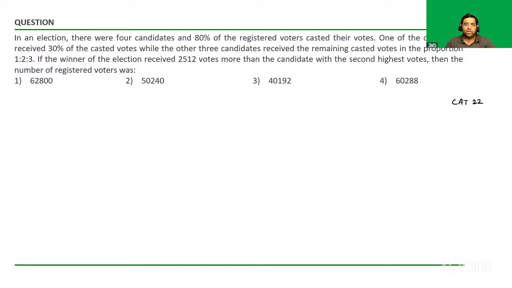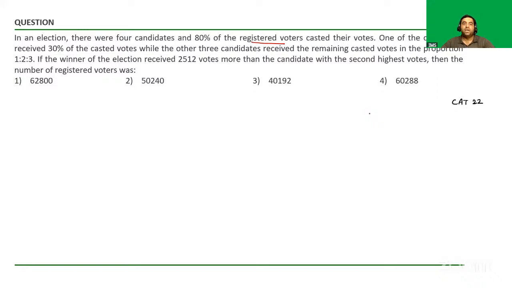in an election, there were 4 candidates and 80% of the registered users casted their votes. So that means out of the total who are registered, only 80% people have casted. That means 20% have not casted. By default, it should come to your mind the moment you are reading it.